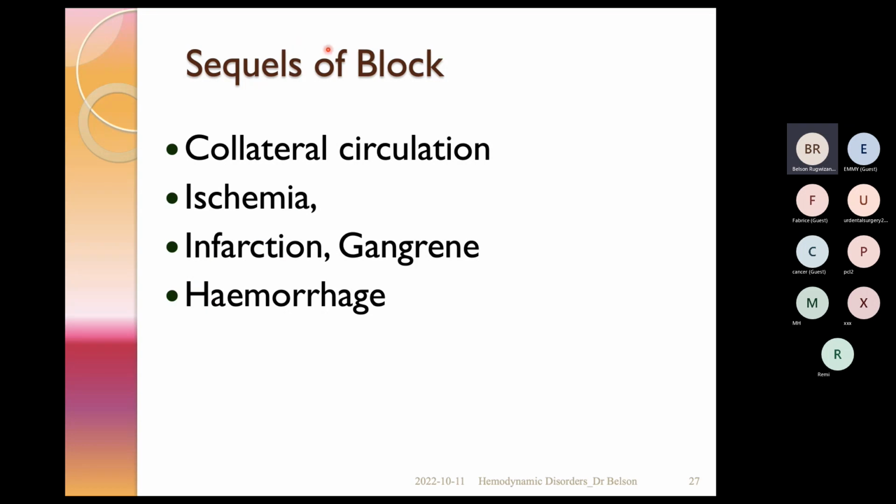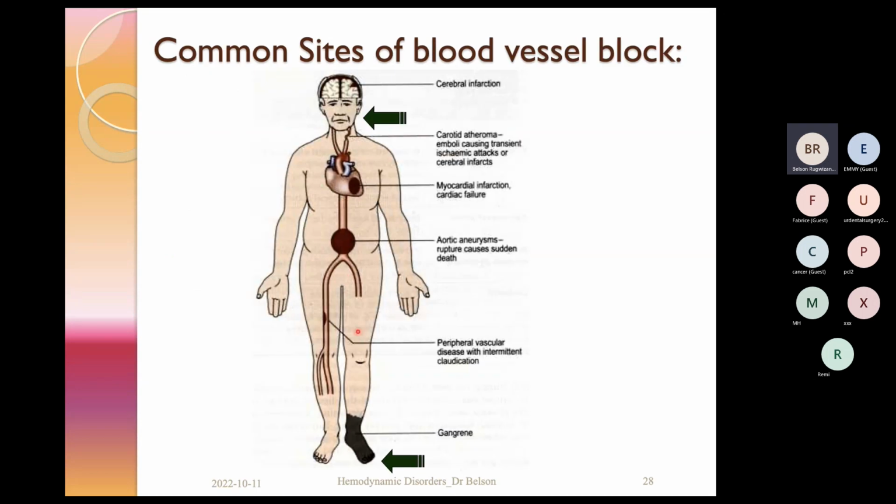Another possible consequence is hemorrhage, especially if after the block, the vessel ruptures and there will be hemorrhage. So the most common sites of blood vessel block are these ones. So first, let's start from the head. So ikibazo akenshi kiba muri carotid arteries.